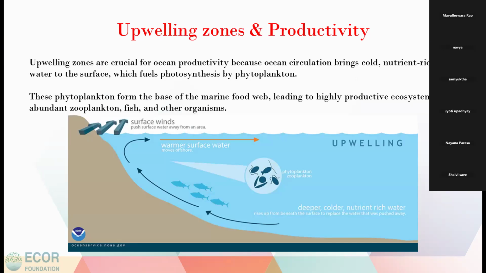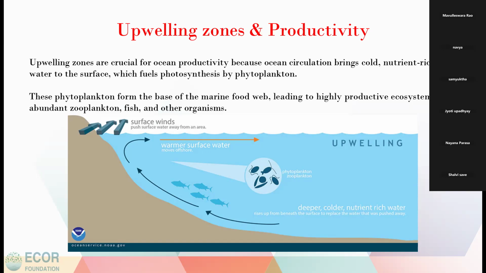Now, upwelling zones and productivity. Upwelling brings cold, nutrient-rich water to the surface, and it is the main driving force for phytoplankton growth. This boosts marine productivity, supporting fish, zooplankton, and the rich ecosystem of that water body.